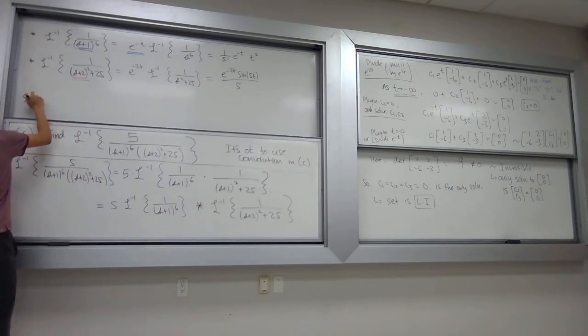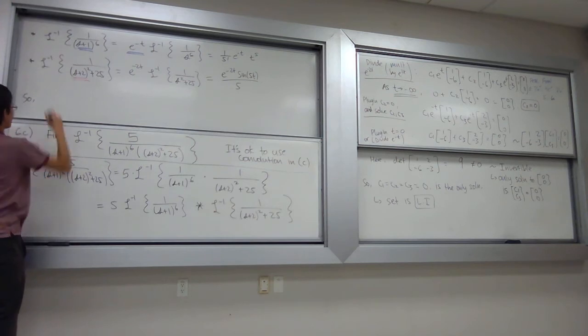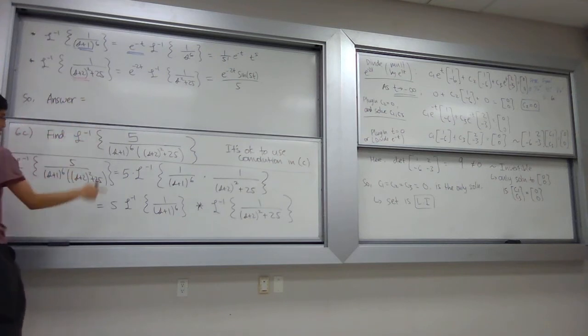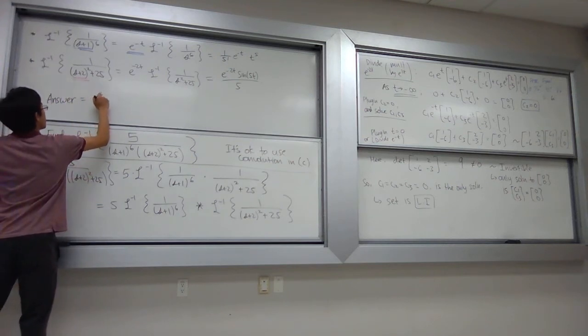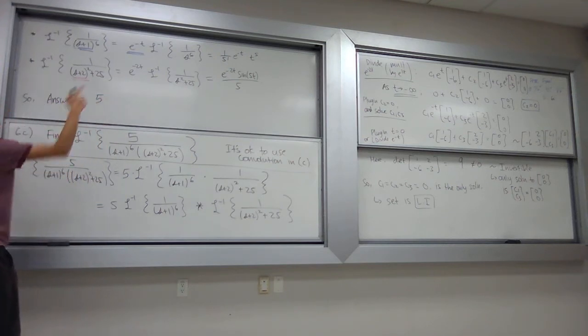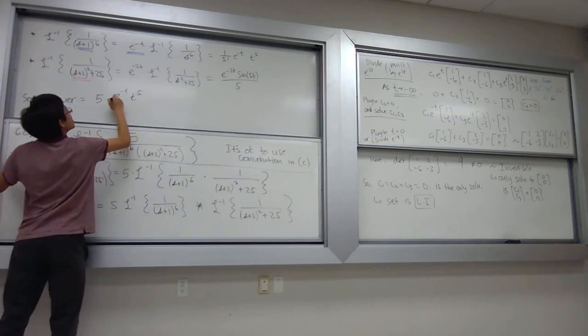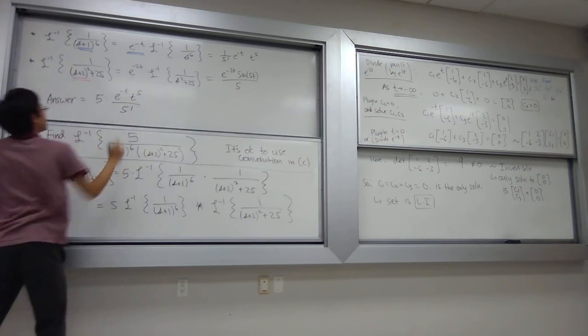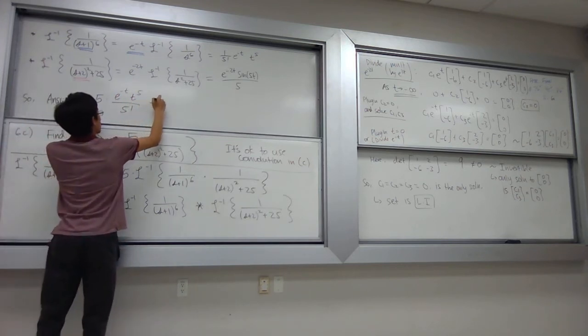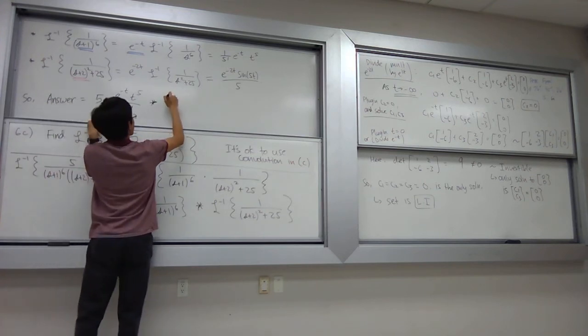I don't want to rewrite that, I'm just going to write the answer. It is 5 times the first function, which is e to the negative t. I should put the t bits in front, but that's okay. Divided by 5 factorial, convolved with this thing.